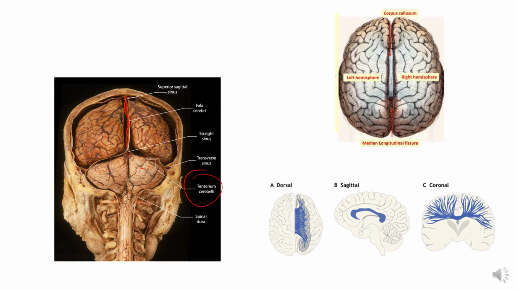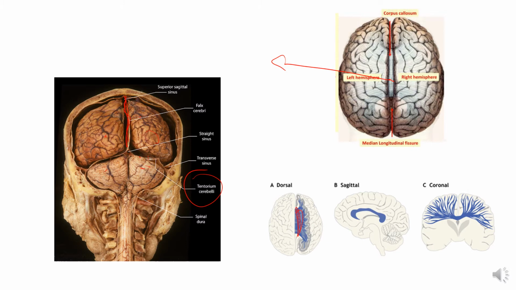Deep inside the longitudinal fissure, the hemispheres are connected by a mass of white matter known as corpus callosum. This is the mass of white matter which is present deep in the fissure and connecting the two parts.